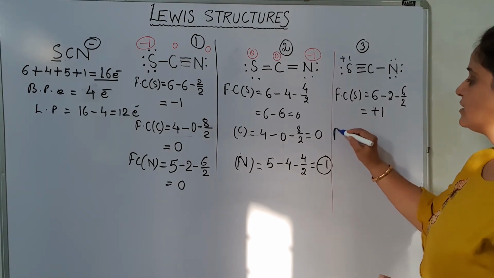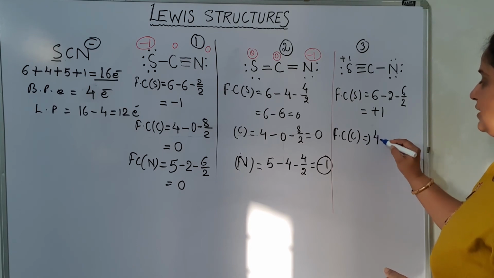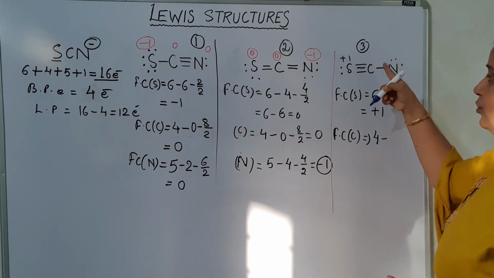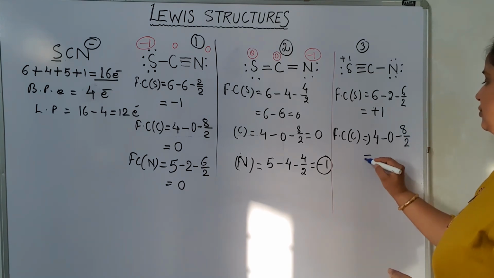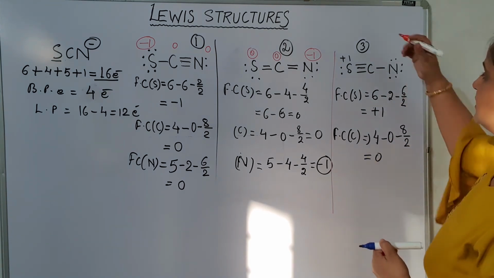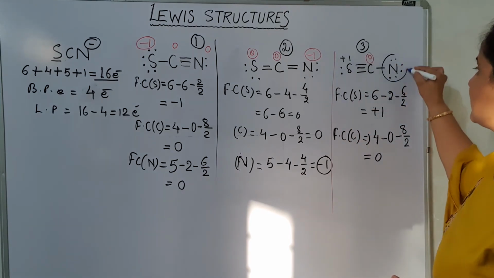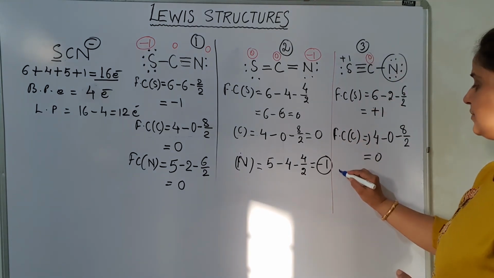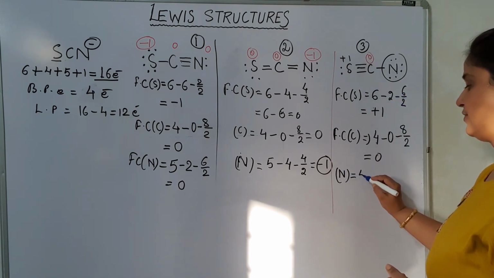Okay, now the formal charge on carbon. This has 4 in the outermost shell, valence shell, lone pair of electrons 0, bond pair of electrons 8 divided by 2, so that is 0. So the formal charge here on the carbon is 0. Okay, now let's see how many are on nitrogen. Nitrogen outermost shell electrons 5.